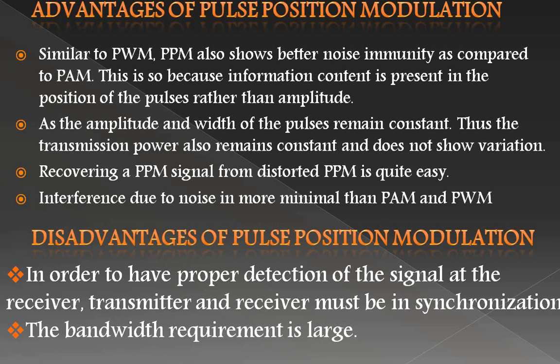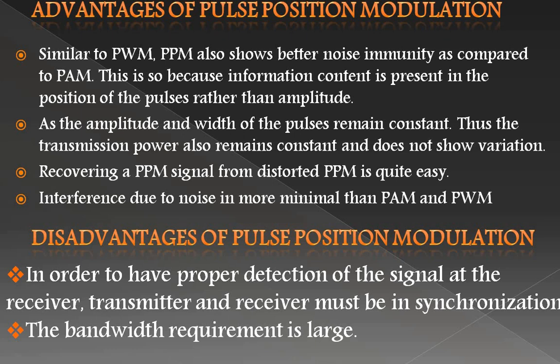So similar to pulse width modulation, pulse position modulation also shows better noise immunity as compared to PAM, because the amplitude is constant and thus it has less noise interference. This is so because information content is present in the position. We are varying the position of the pulses rather than the amplitude.